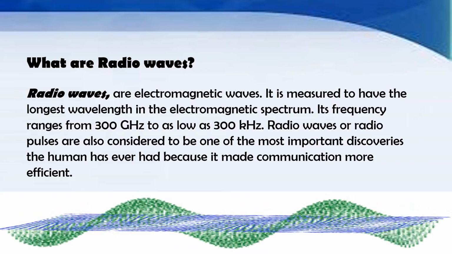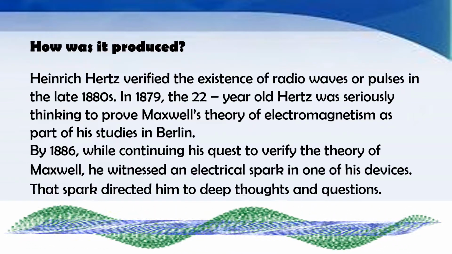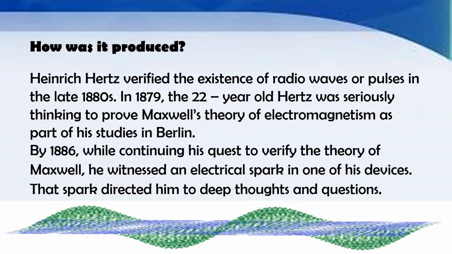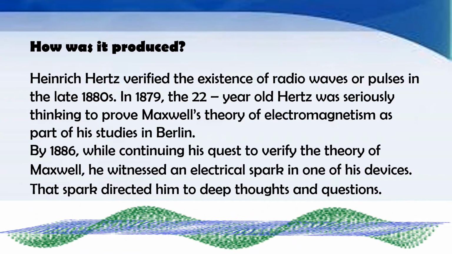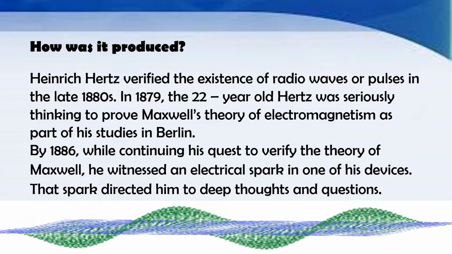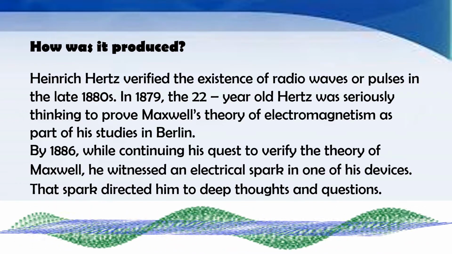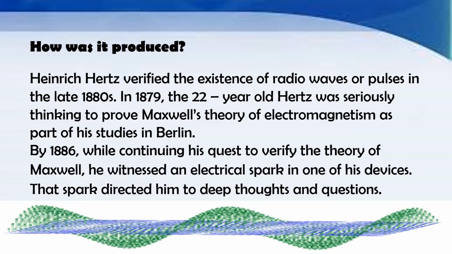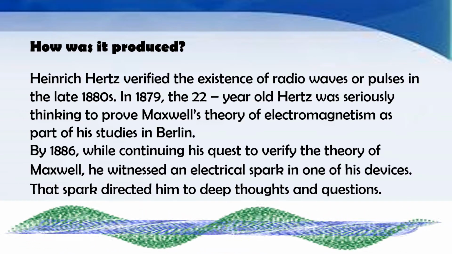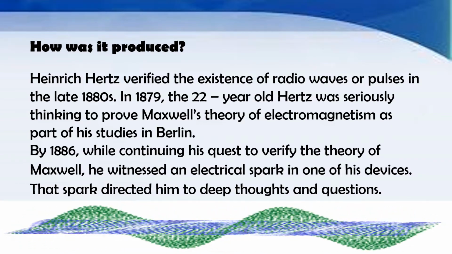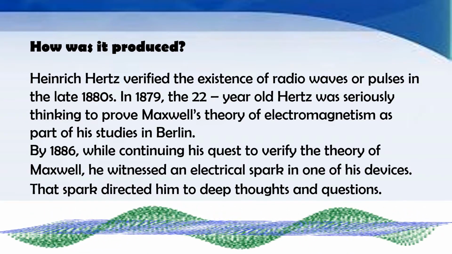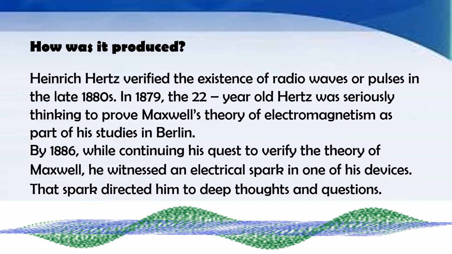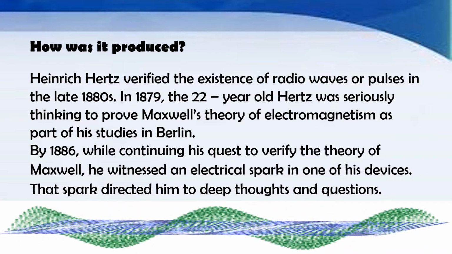So, how was it produced? Heinrich Hertz verified the existence of radio waves or pulses in the late 1880s. In 1879, the 22-year-old Hertz was seriously thinking of proving Maxwell's theory of electromagnetism as part of his studies in Berlin.